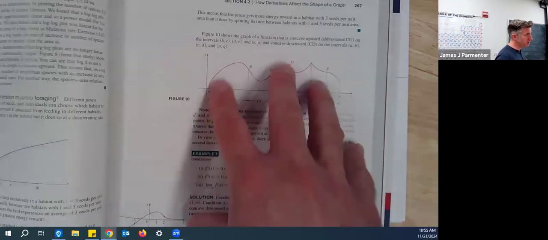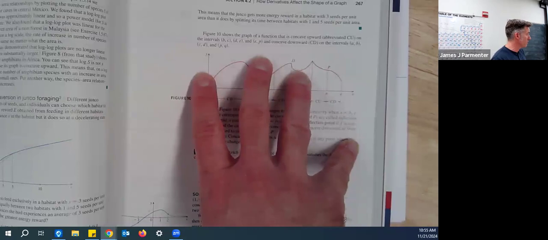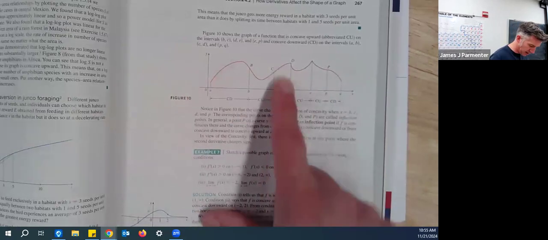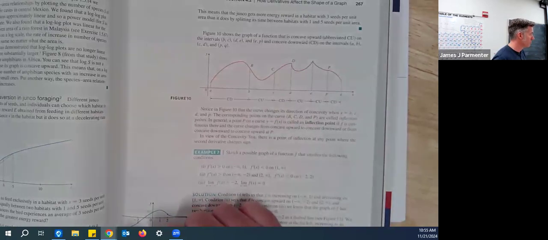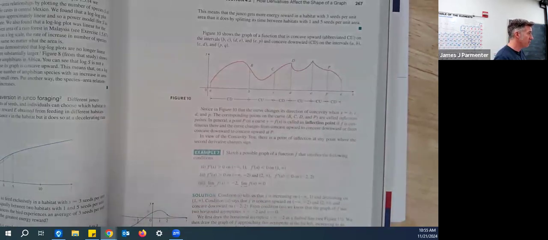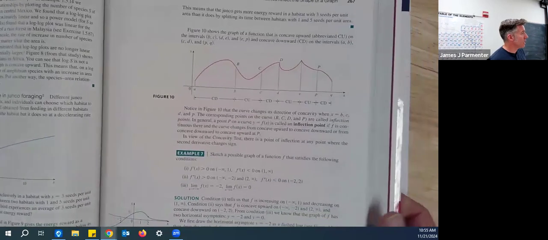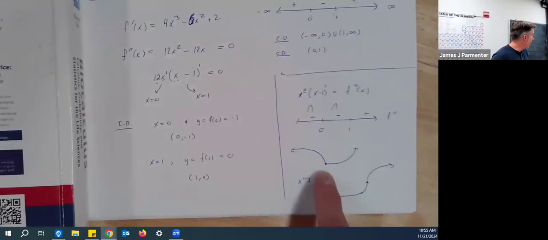As far as this book is concerned, which I do not agree with personally, because that's not how I have learned it, technically this point here, D, they are saying is an inflection point. I heartily disagree, but other textbooks have definitely defined it differently. So yeah, that's kind of weird to me. So I have to take it back. As far as this class is concerned, we would call that an inflection point.